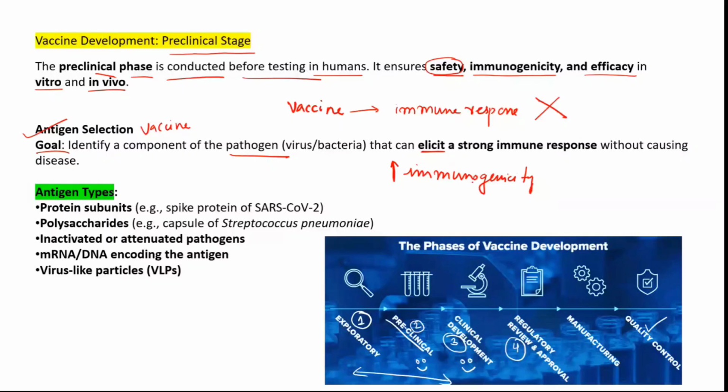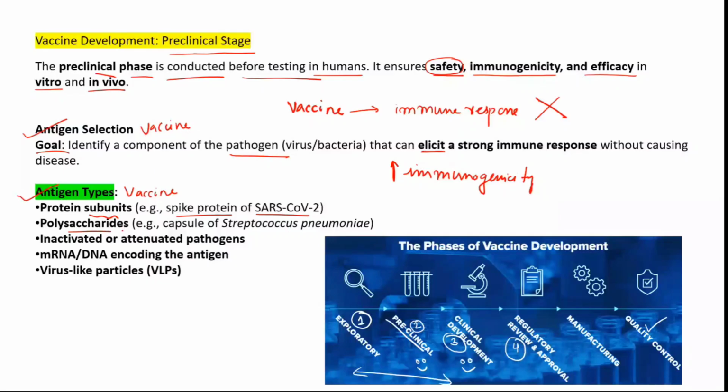Now antigen can be of any type, because vaccines are of different types. You can take the protein subunit, or different carbohydrates or polymers of any pathogen. For example, for SARS-CoV-2 we have taken the spike protein. In the polysaccharide, like for Streptococcus pneumoniae we can take polysaccharide.